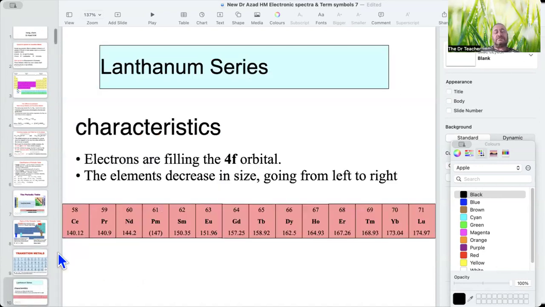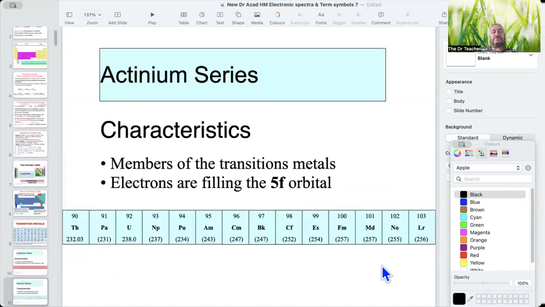The lanthanum series goes from 58 to 71, ending with 4f orbitals, and the size increases from left to right. The actinium series goes from thorium 90 to lawrencium 103, and they are 5f.